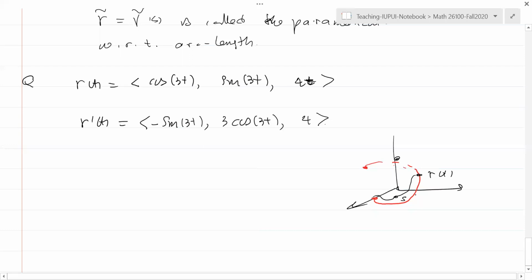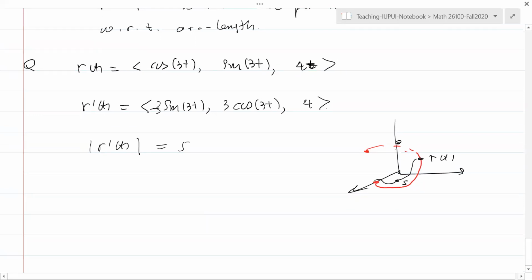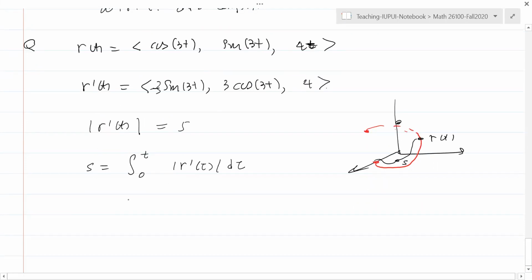The length of r prime is going to be 5, which we already calculated. So this is a constant, and s is the integral from 0 to t of the norm of r prime of tau d tau, and the answer is just 5t.